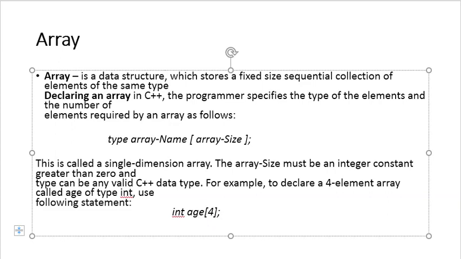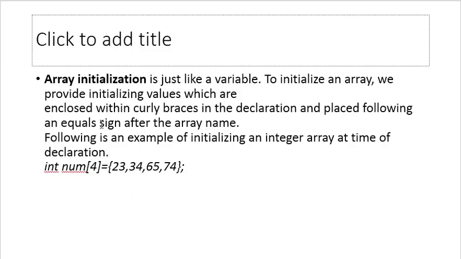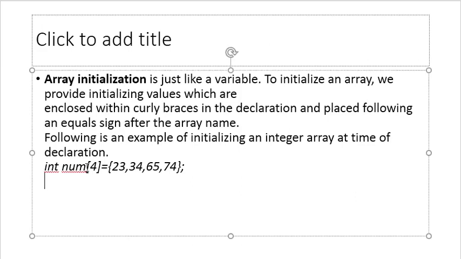Now for initializing an array, if you want to assign values to the array, it's just like a variable. Just like you declare a variable a and then assign an integer or character value to it, you first declare, and then assign values to the array.